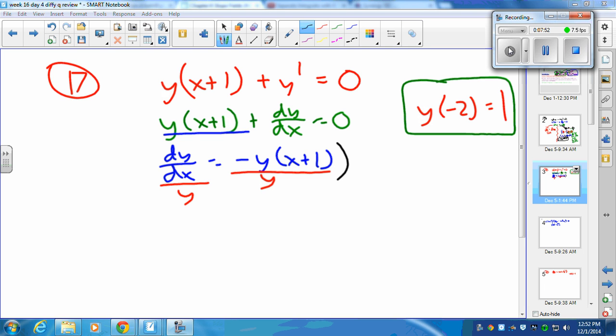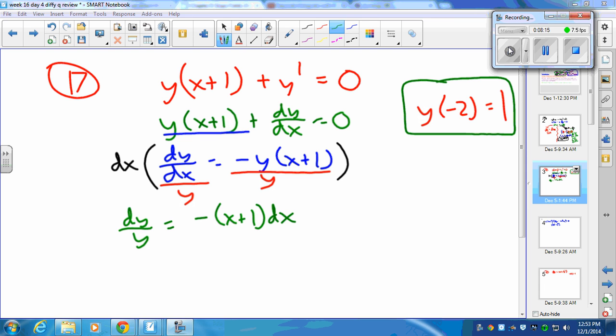And I'm also going to multiply by dx. So you are going to get it to become dy over y equals -x plus 1 dx. Okay, so subtract it over, divided the y over, multiplied the dx over, you're good to go.